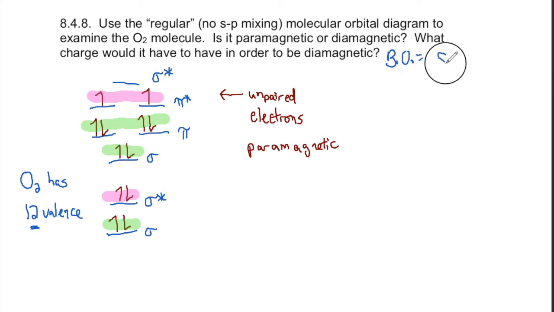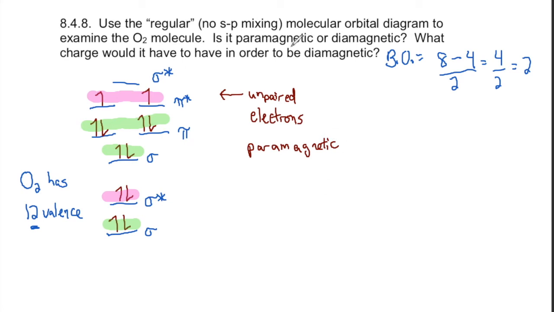So we have 8 bonding electrons and 4 anti-bonding electrons. We divide that by 2, which gives us 4 over 2, or 2. So that matches what we know for oxygen, that it has a double bond, or the Lewis structure is drawn with a double bond. It does form. The bond order is not 0.